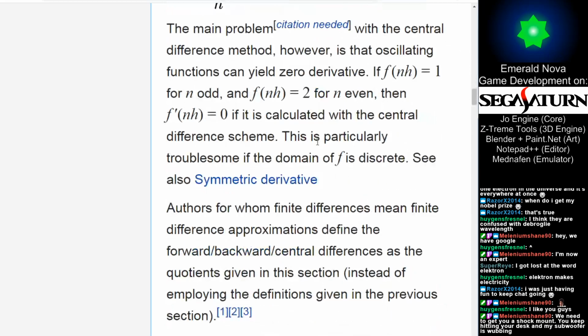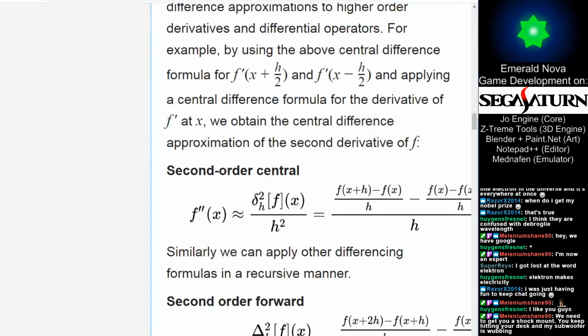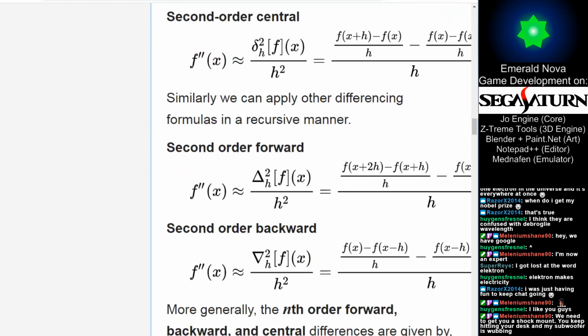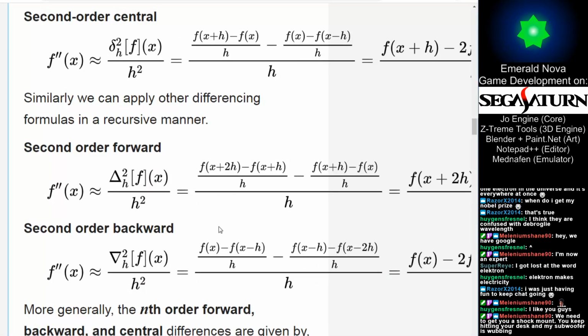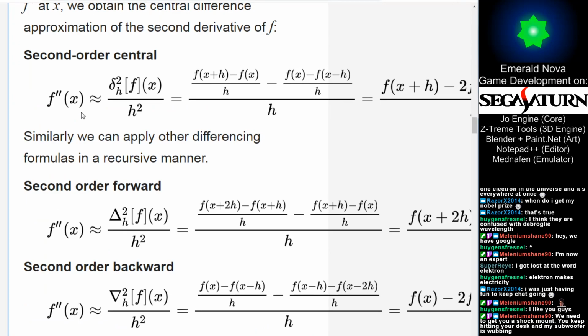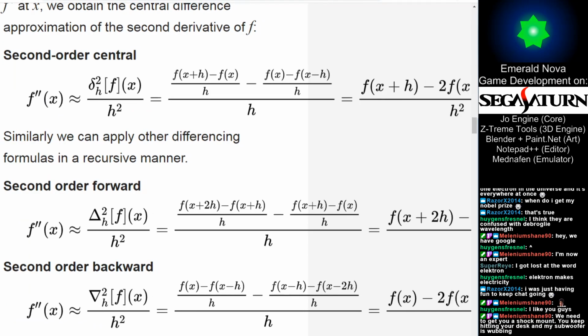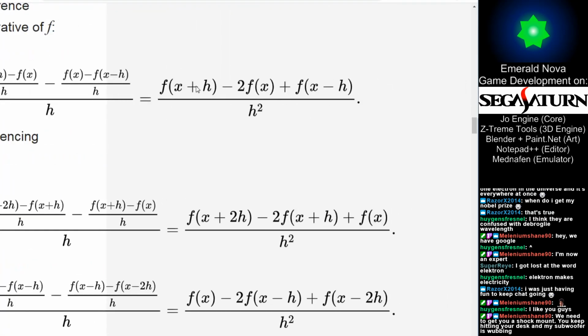So going to higher order difference. There we go. So instead of doing a first derivative like velocity, we're doing a second derivative. So that's like an acceleration. We're going to be doing something like this, where we have our current position, our past position, our future position, determined by our delta squared.